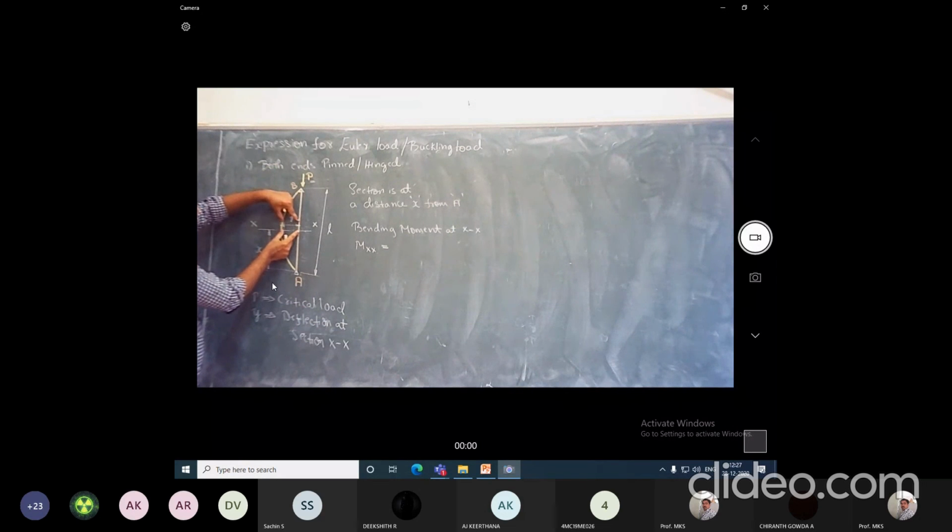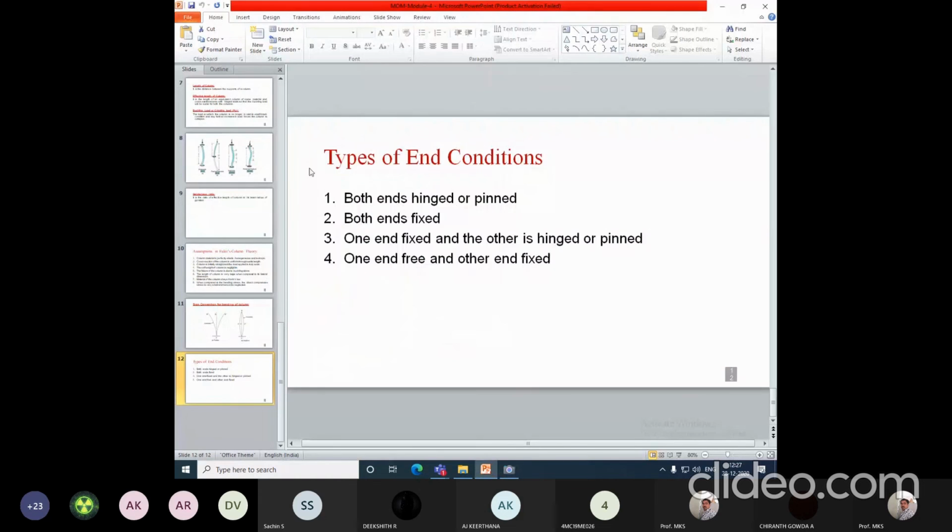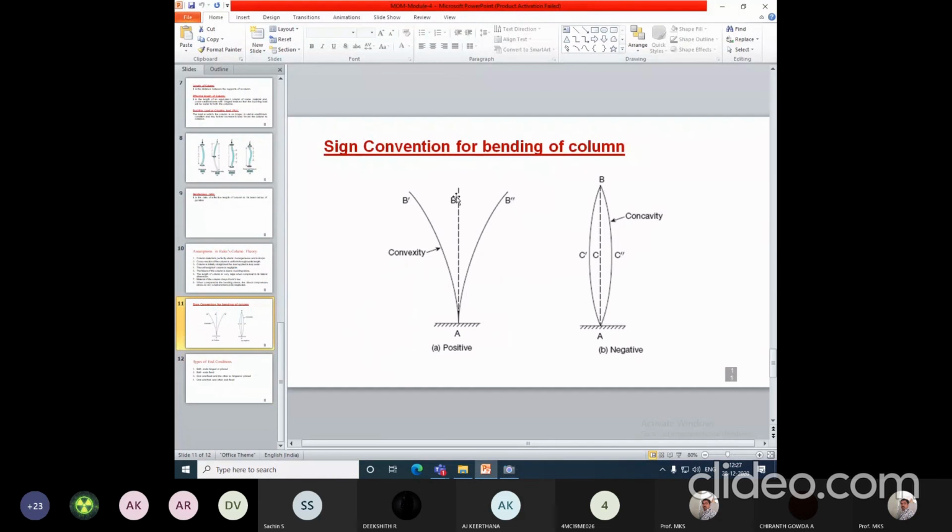Here you need to follow the sign convention. If the beam is initially straight and it bends so that convexity is seen with respect to the initial beam, then it is a positive moment.